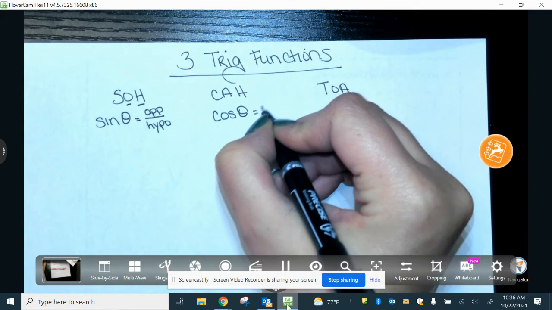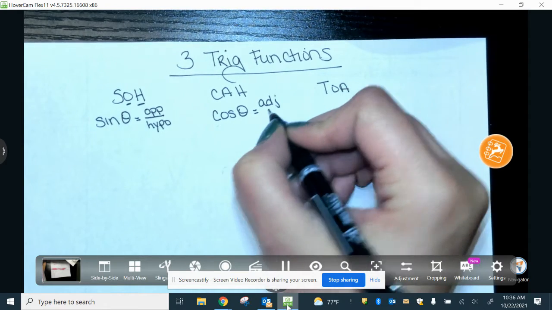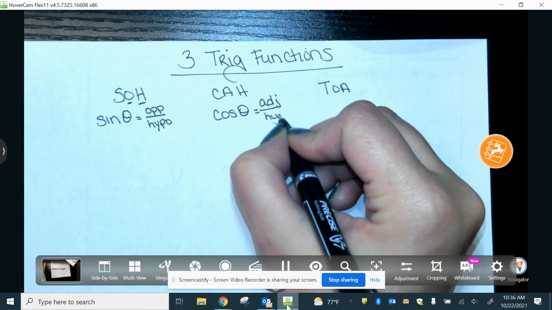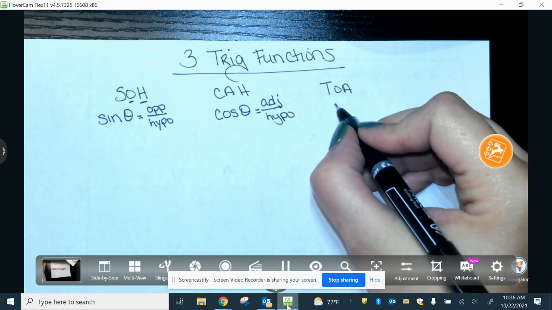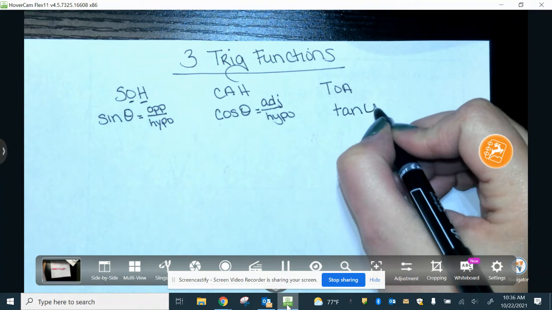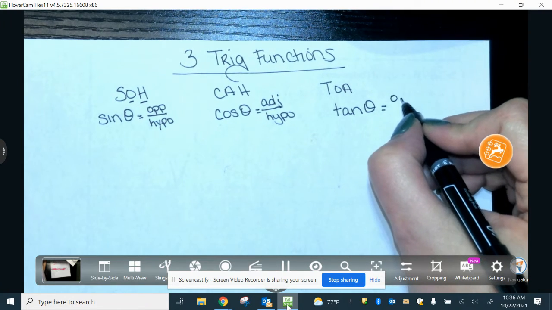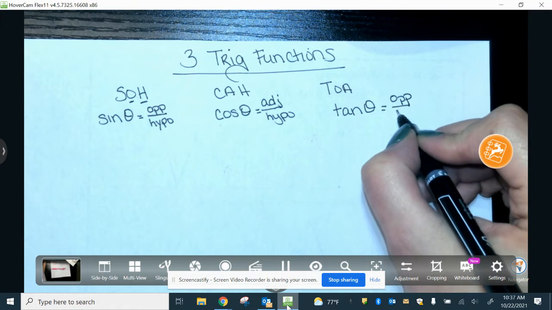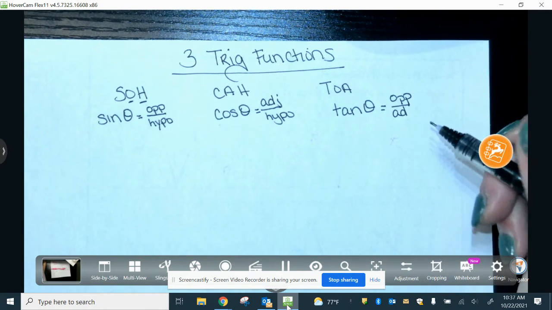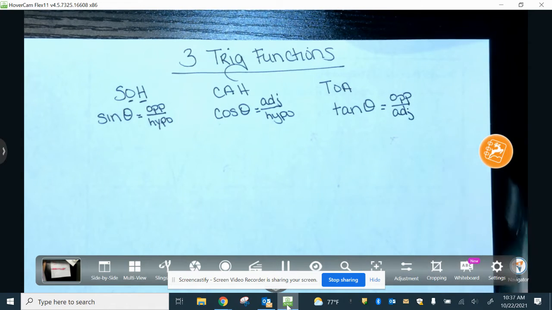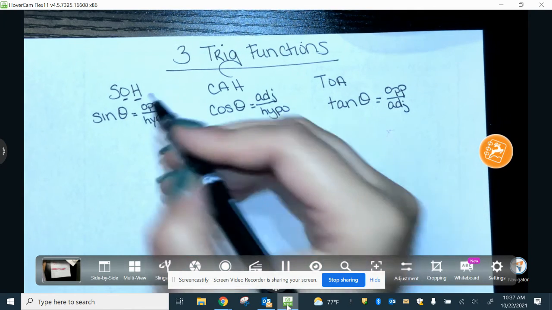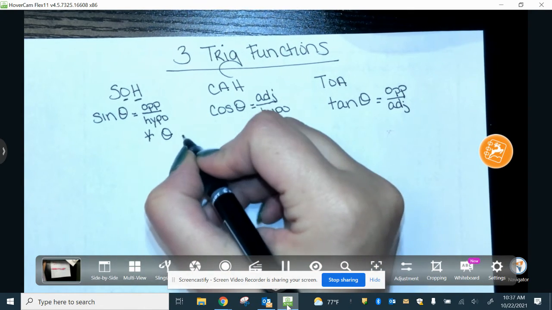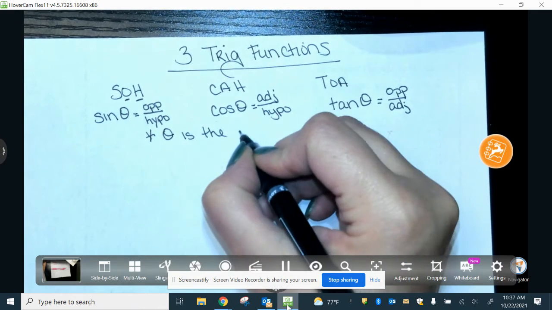The cosine of theta is equal to the adjacent over the hypotenuse. And the tangent of theta is equal to the opposite over the adjacent. Gentle reminder, theta is the angle.